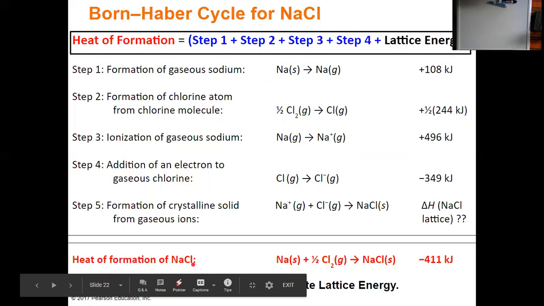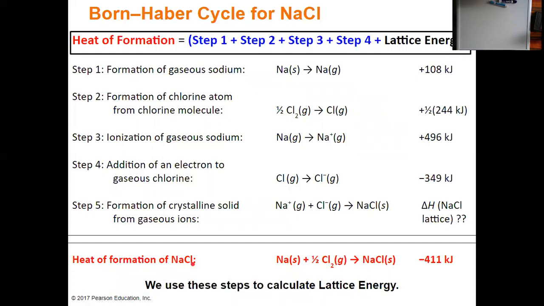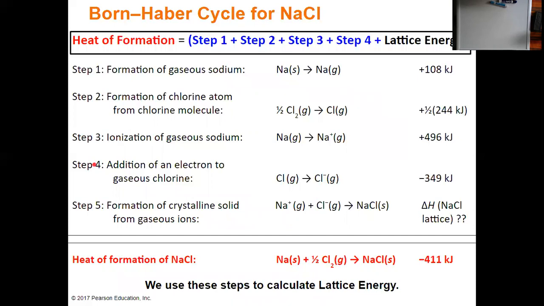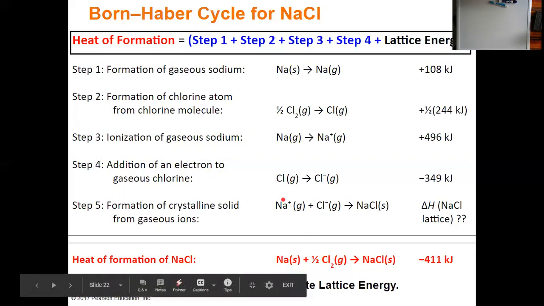So this would be an example of how you would use the Born-Haber cycle to figure out the lattice energy of an ionic compound, something like NaCl. Each of these steps, step 1 to step 4, is showing how each of the atoms preps in order to get to this last step when the crystal lattice forms.